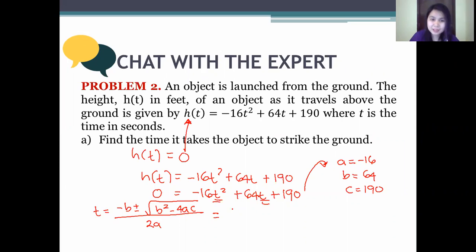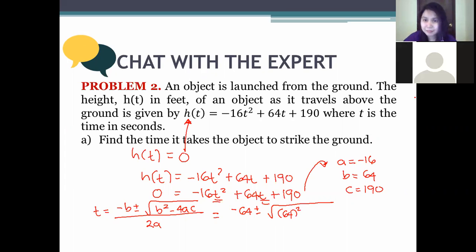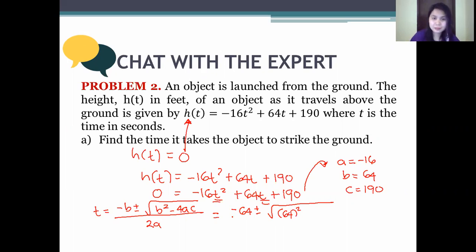Let's solve. Negative 64 plus and minus the square root of 64 squared minus 4 times a times c, all over 2a, which is -16.